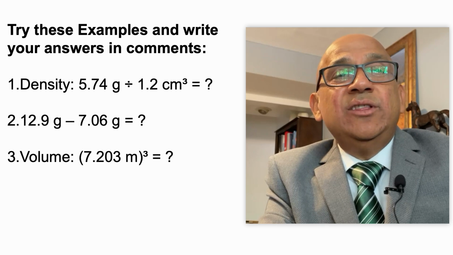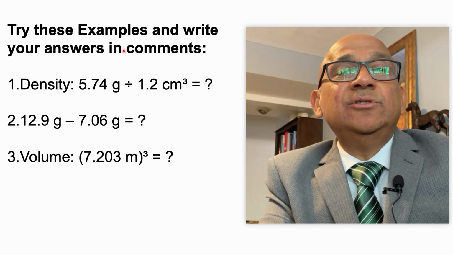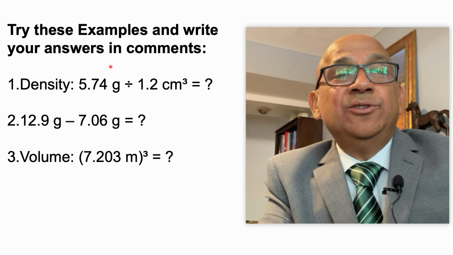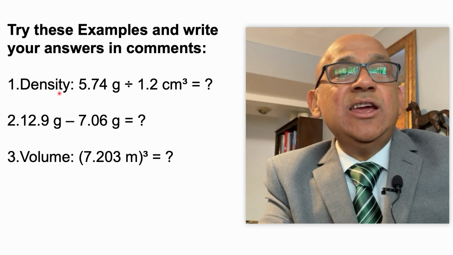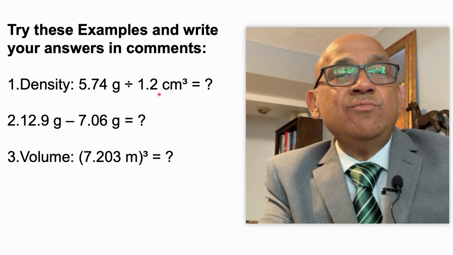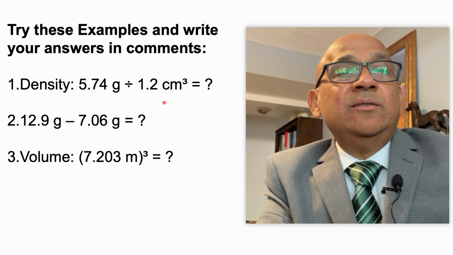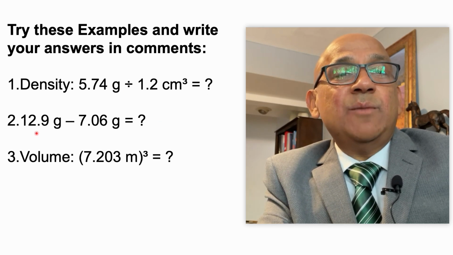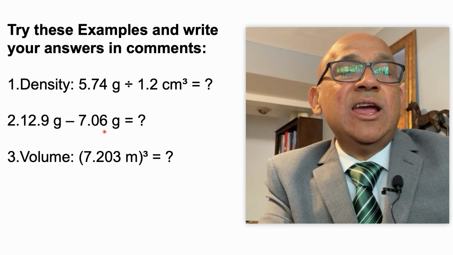So now with this, I would encourage you to try these examples and write your answers in a comment. The first question is to find the density, which is by dividing mass by volume. Write your answer with the right number of significant digits. The second one is subtraction, 12.9 grams minus 7.06 grams.